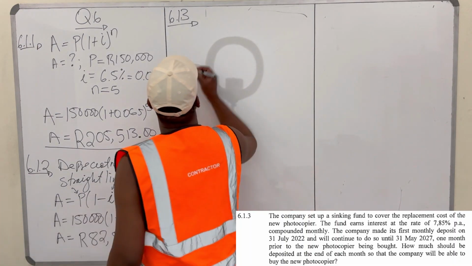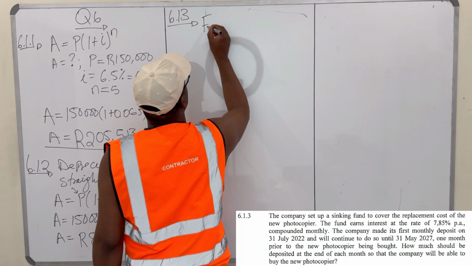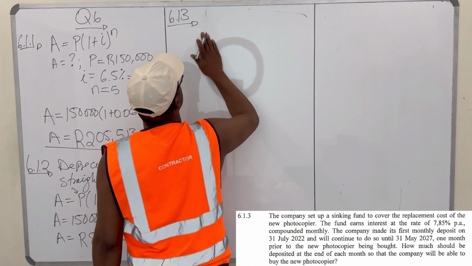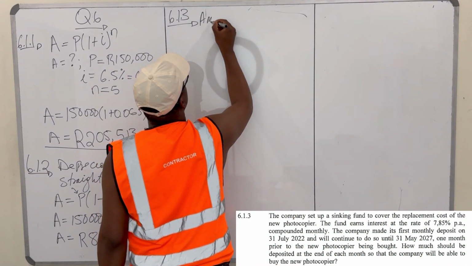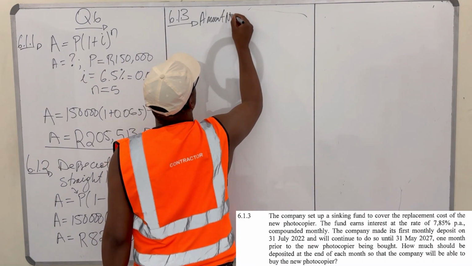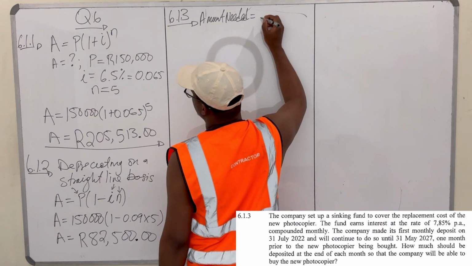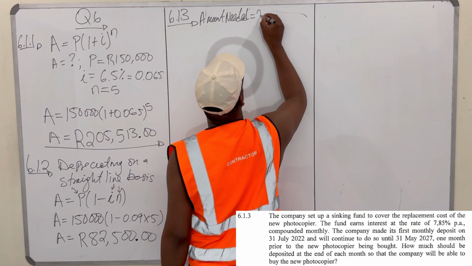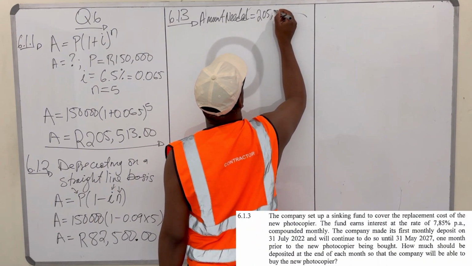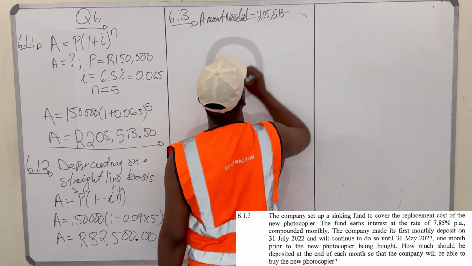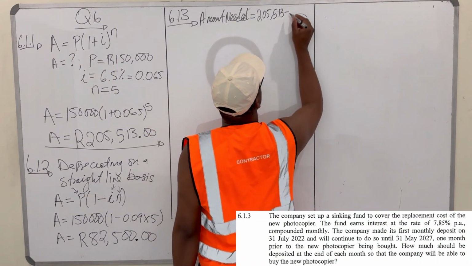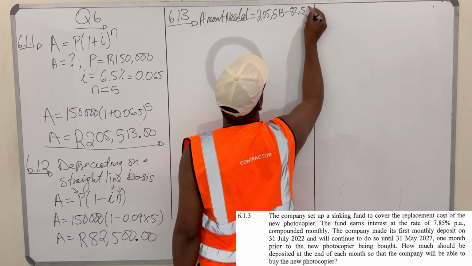So the amount that will be needed by the company will be how much? It will be that 205,513 minus that 82,500.